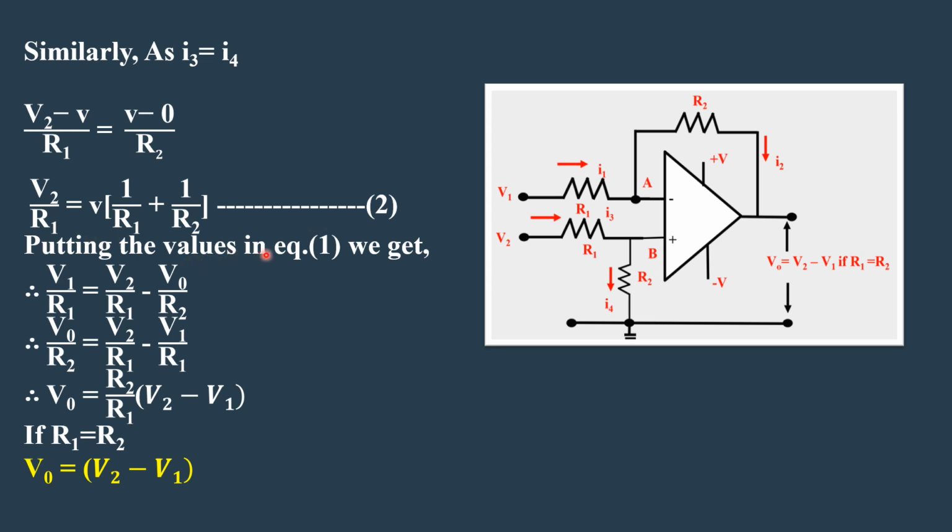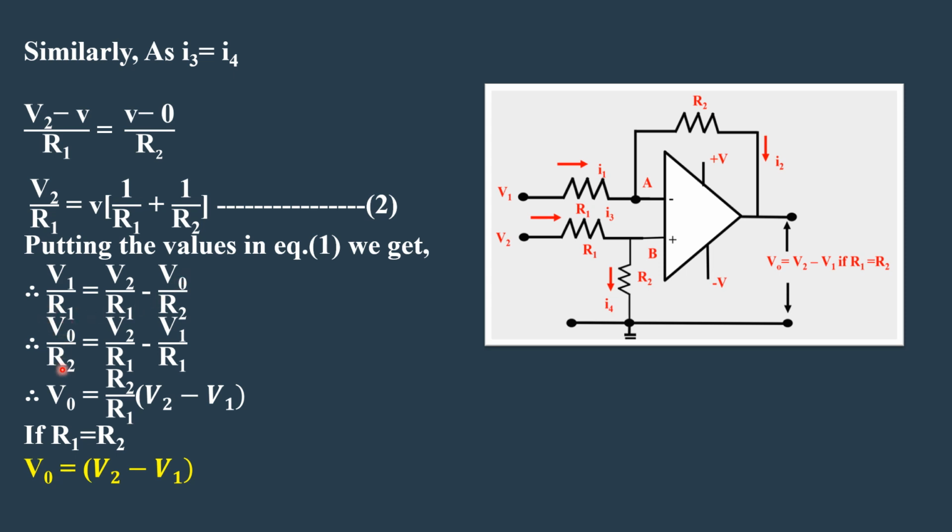Now putting the values in equation 1, we can get here V1 upon R1 is equal to, for this term, we are going to write V2 upon R1 minus V0 upon R2 in equation 1. Therefore, as we have to find out the output voltage for the subtractor circuit, we'll modify this equation in terms of output voltage.